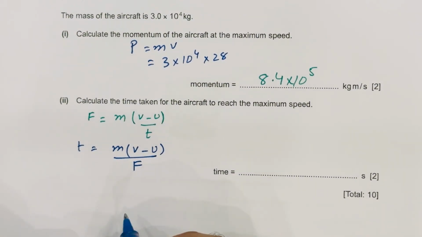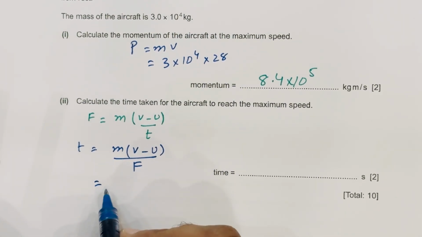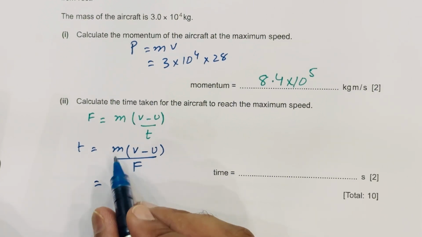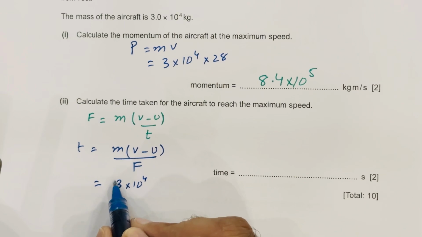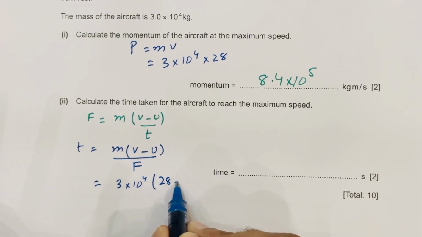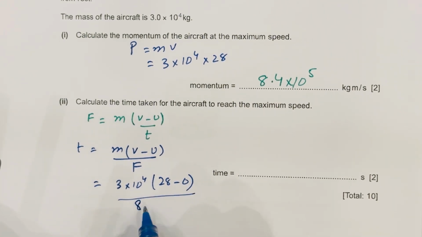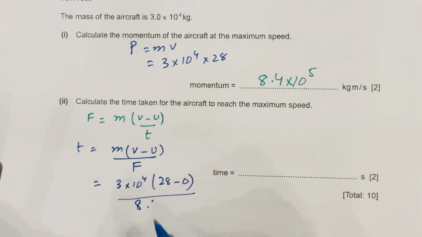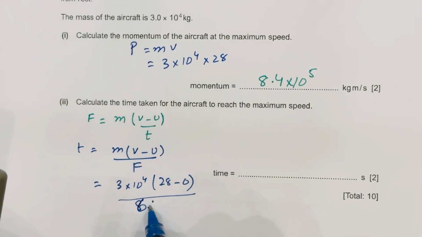Now put those values. We know that the value of the mass is 3 into 10 to the power 4 from the previous part, and the value of the velocity is 28, then minus 0, as the initial velocity is 0, and the force we just calculated in the previous part is equal to 6 into 10 to the power 5.